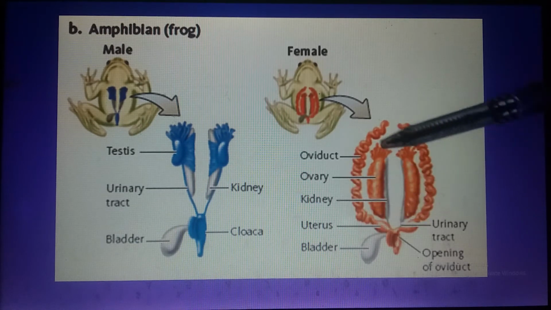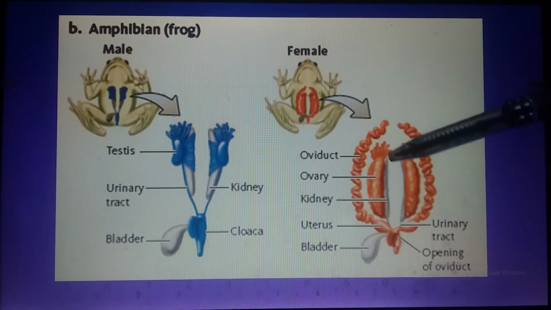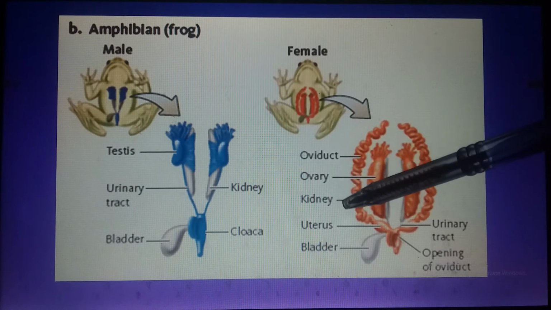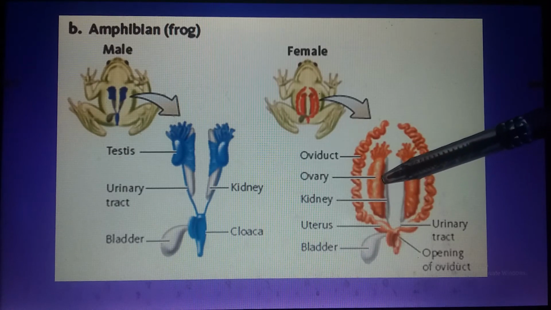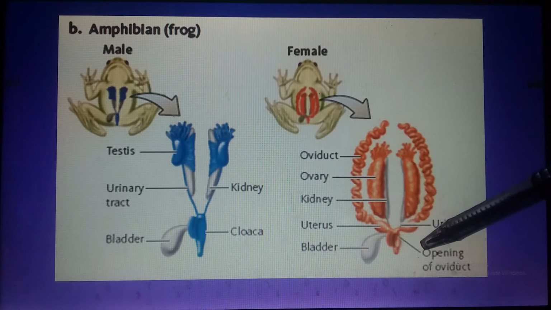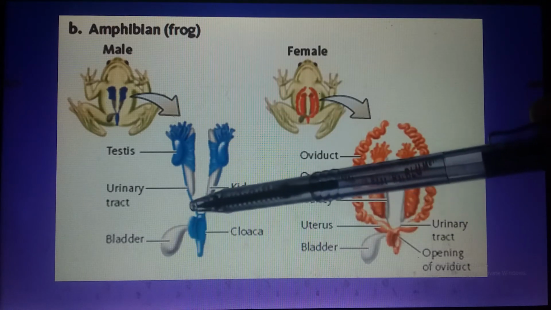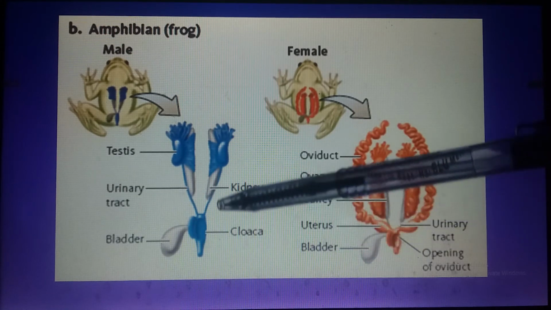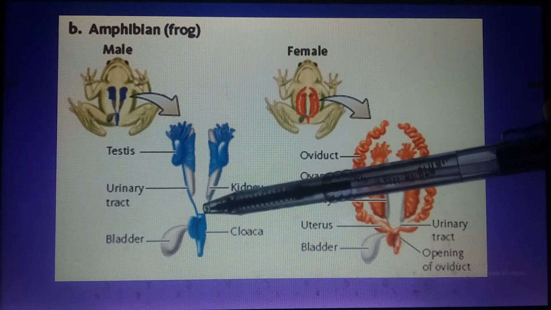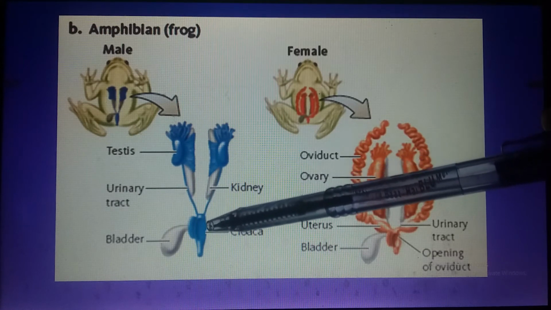So this is the female reproductive system, in which you can see each and every part: the urinary tract, the opening of the oviduct, and many more. In the male, the urinary tract is the urinogenital duct, which carries sperm as well as the urine.